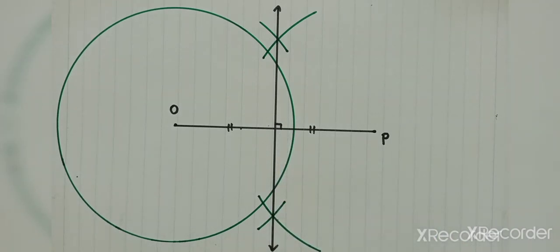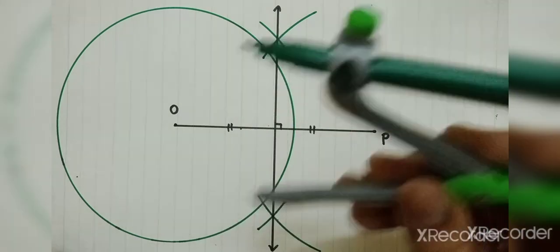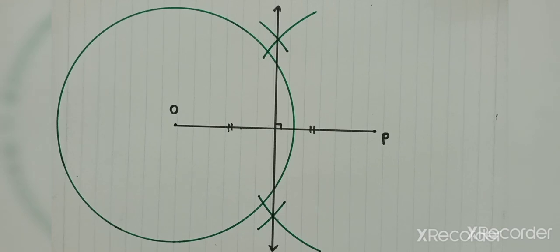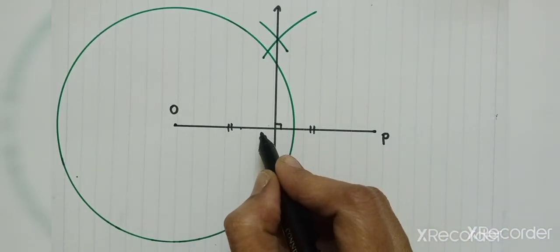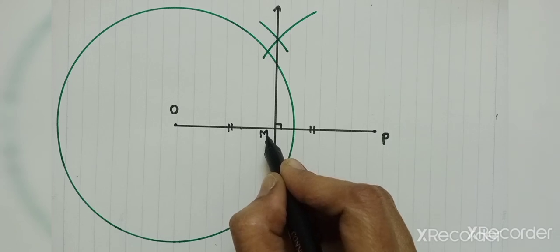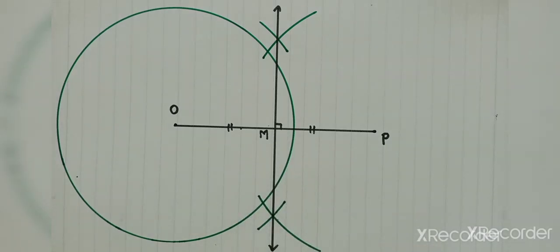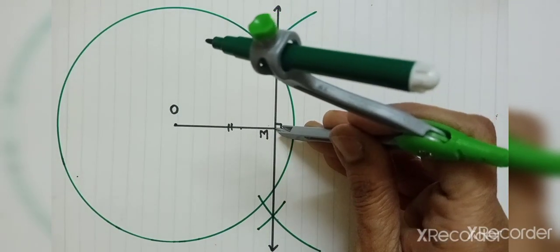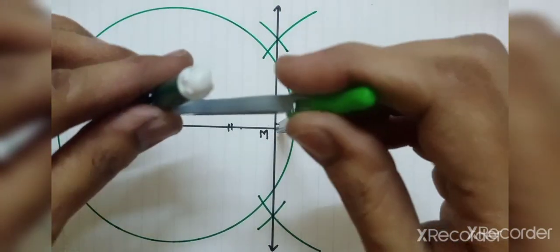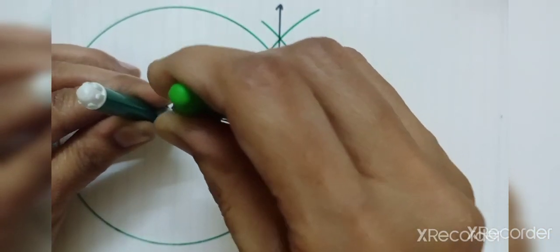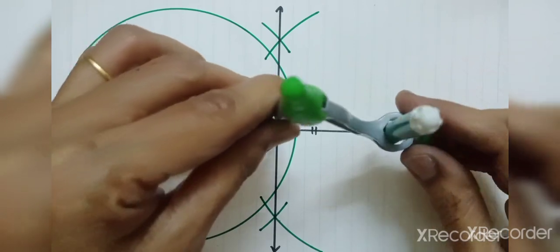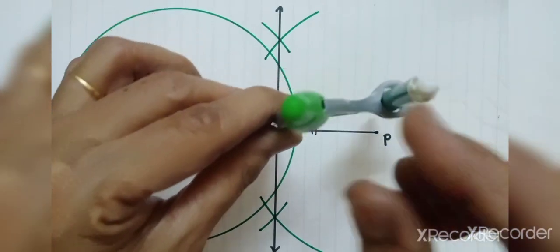Right? Now you take the compass and you name this point where this line intersects segment OP as point M. Now with point M as a center and radius equal to OM, either you take OM or you take MP, both are same.